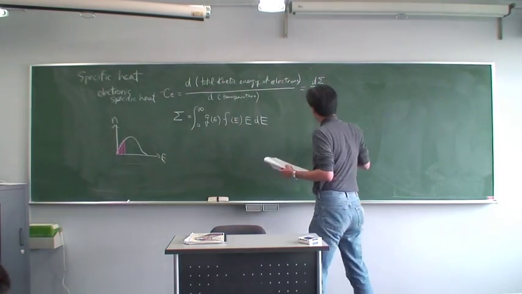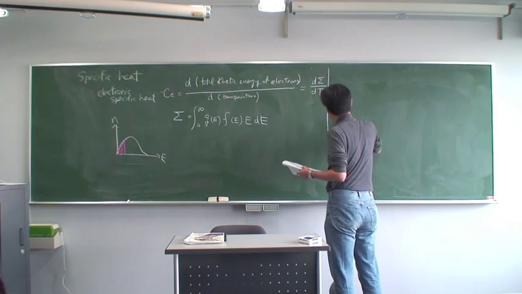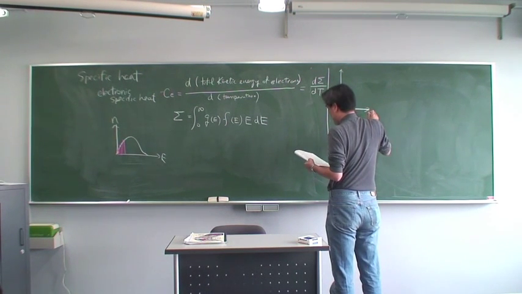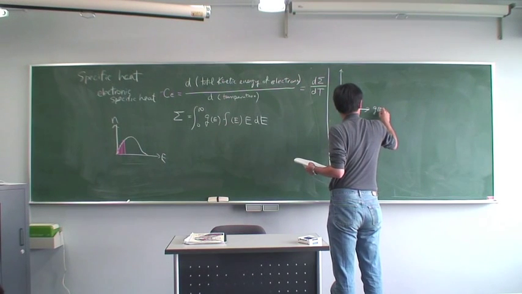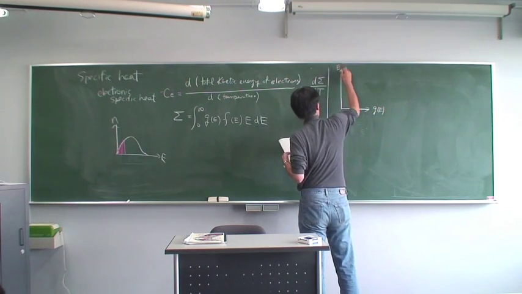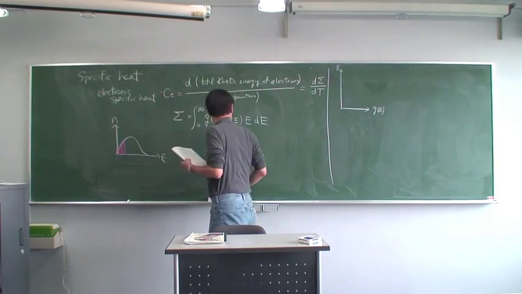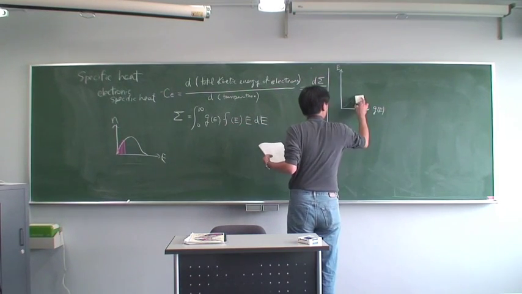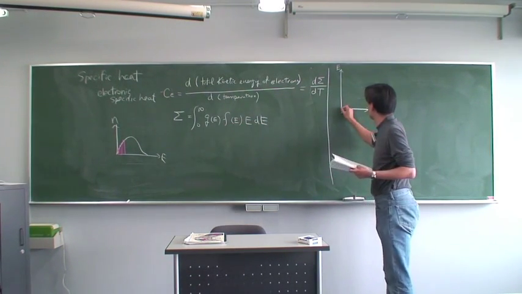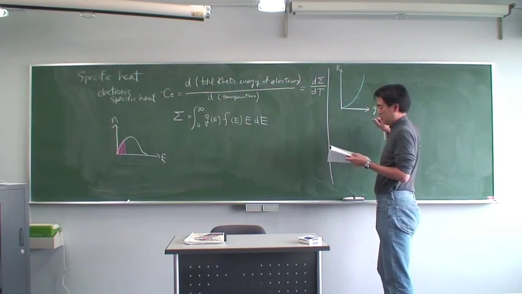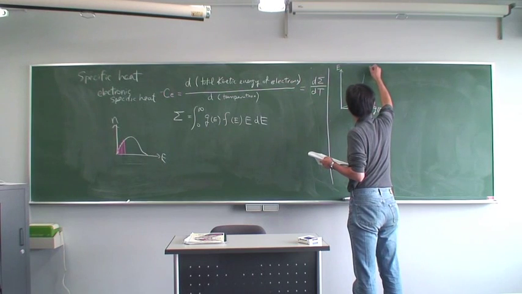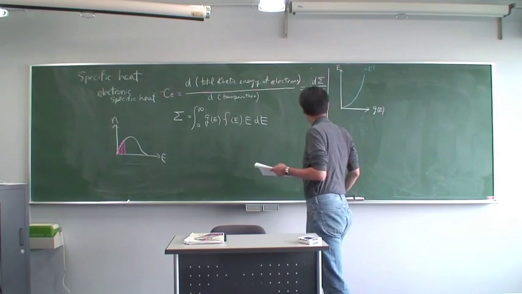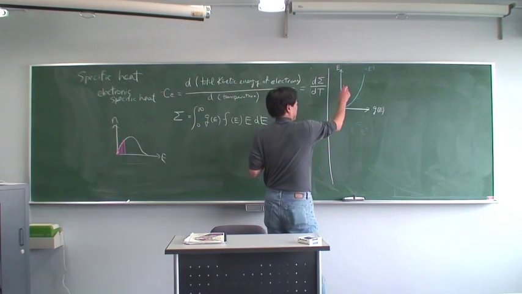And because we have density of states here, we always draw something like this. Whenever we see density of states for 3 dimensions, we get something like this, an E to the 1/2 relation. And up to a certain level, there's a Fermi level.